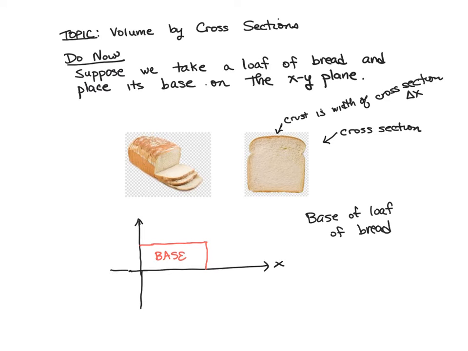We could put the base anywhere, but notice that I placed the base and now the slices are coming out of the base. So if you could just imagine these slices coming out of the base with each vertical cut that we make. In this little unit here, what we have is a very good description of what the base looks like.